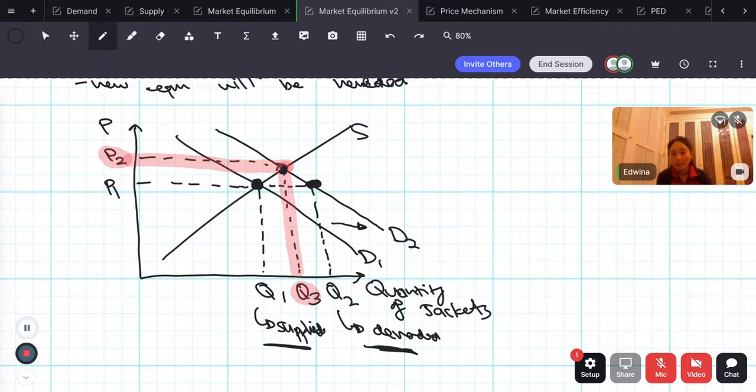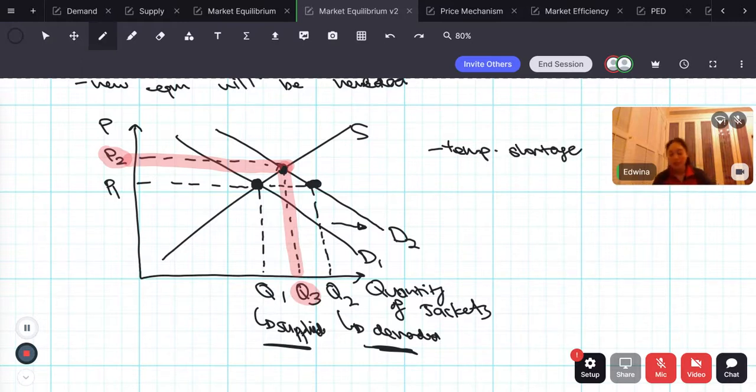And so by increasing prices, more suppliers are willing and able to produce such a good, and quantity demanded will equal quantity supplied, meaning that the number of people wanting jackets matches the number of producers supplying the jackets, and so the new equilibrium will be established. Now this is where there was temporarily a shortage.